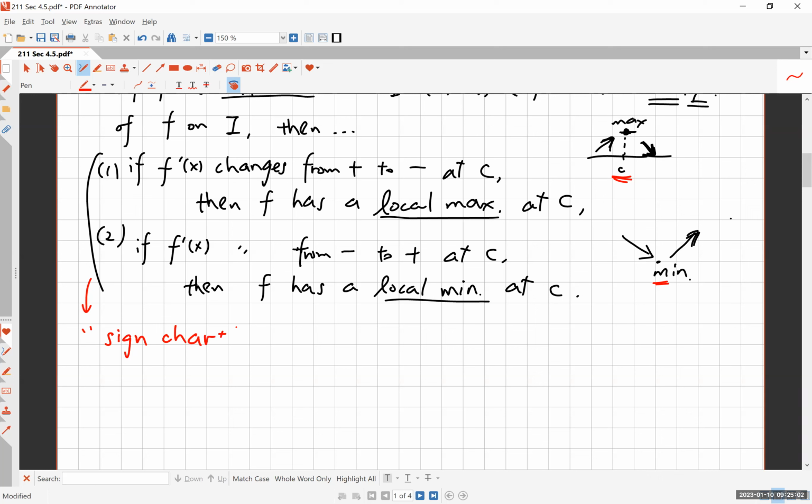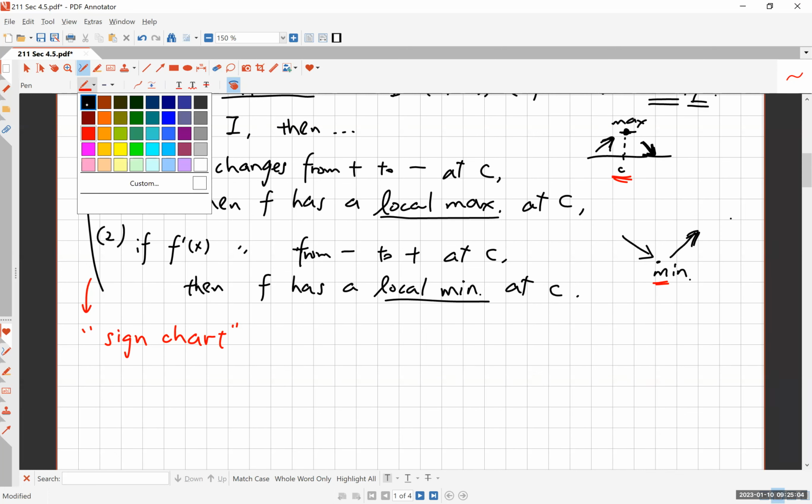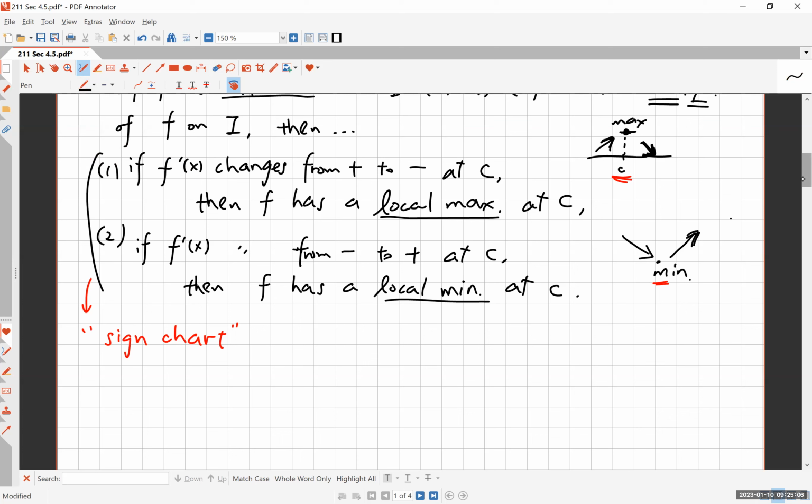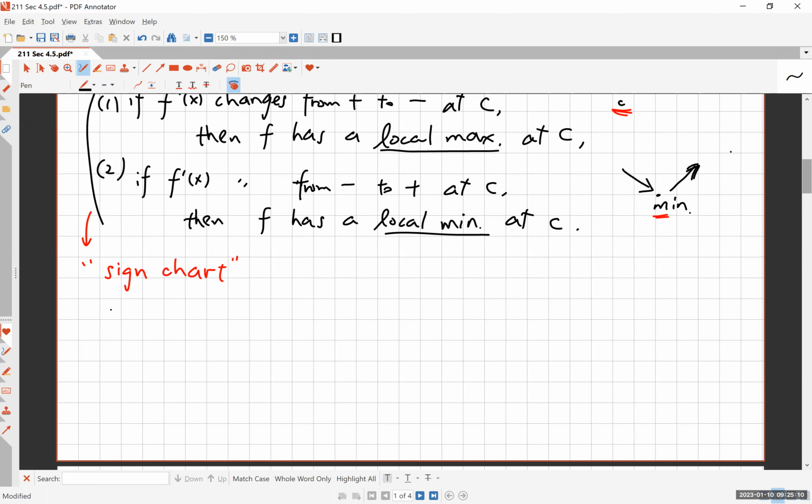What in the world is a sign chart? The sign chart is a table or a chart with positives and negatives with a number line on the top. You may have seen it in pre-calculus, college algebra or intermediate algebra class, when you're trying to figure out in what interval the function is positive or negative.